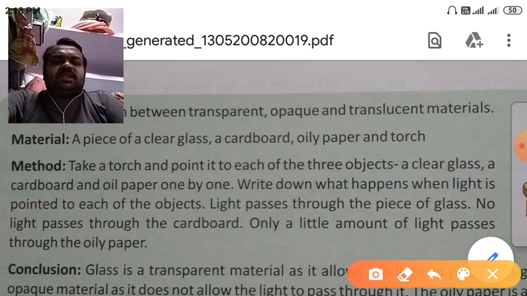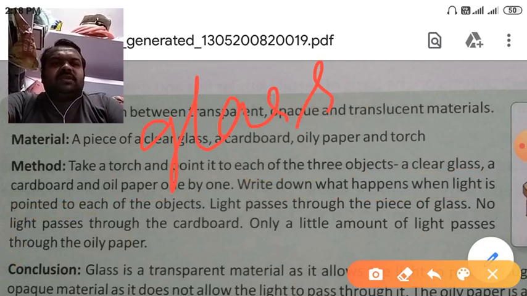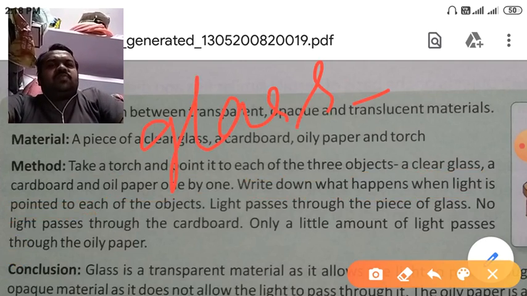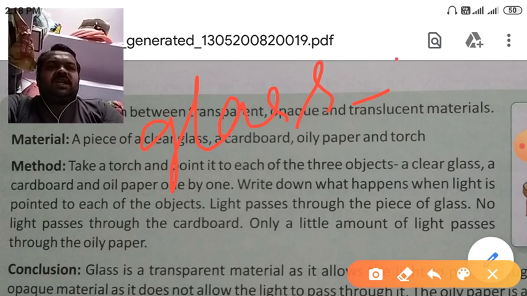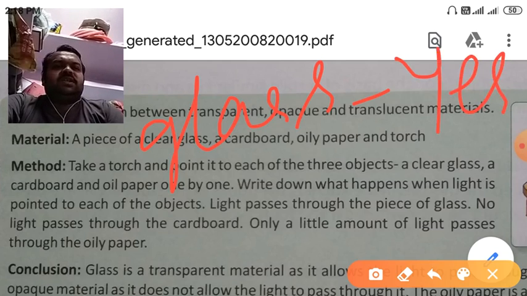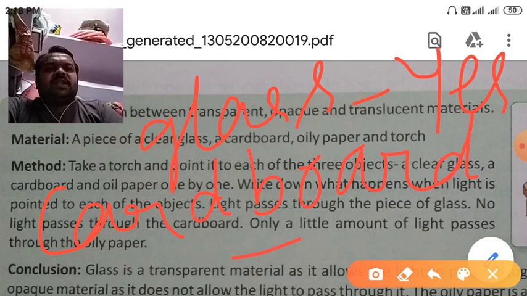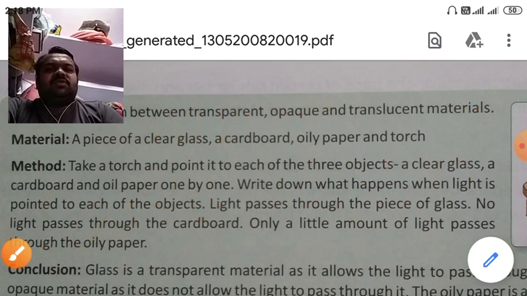When we pass the light through clear glass, does the light pass completely through it? Yes. Does it pass through the cardboard? No, light cannot pass through the cardboard.